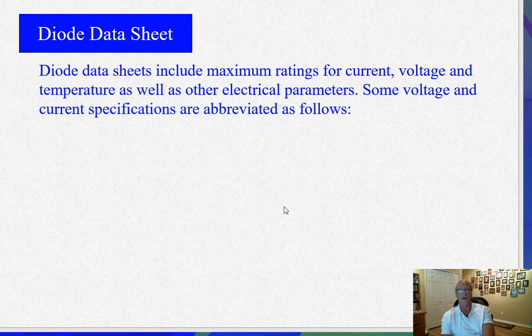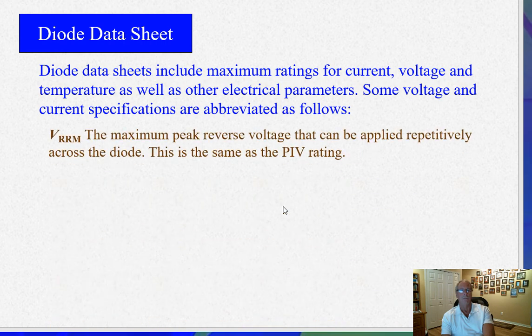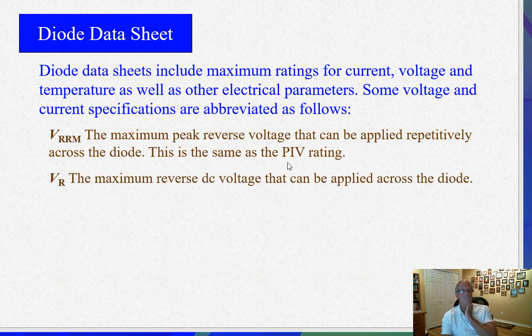Diode data sheets. You should go on digikey.com and check out some diodes. Here's the maximum reverse voltage, peak reverse voltage. It's the PIV rating. Maximum reverse DC voltage. And what happens if you exceed this maximum reverse DC voltage?